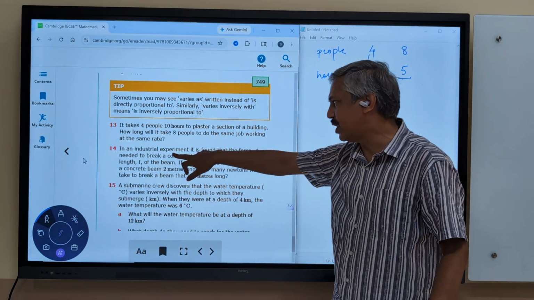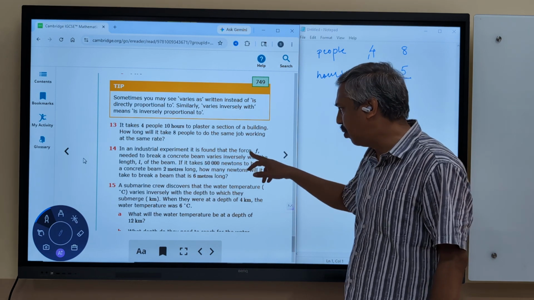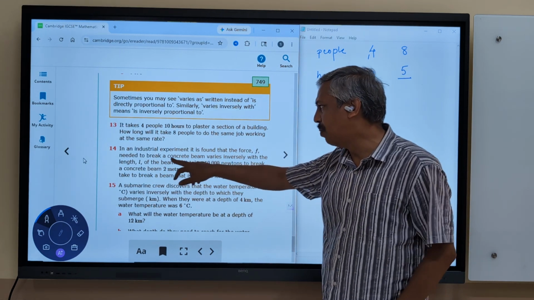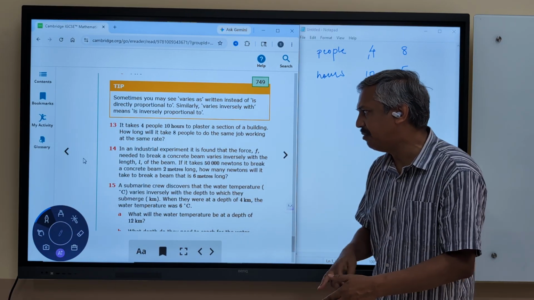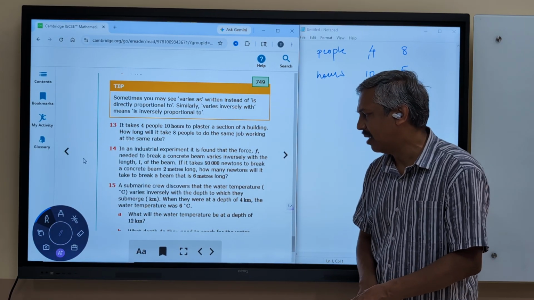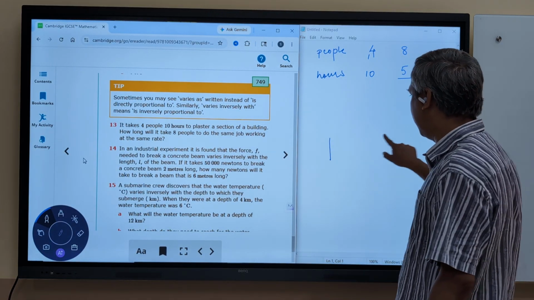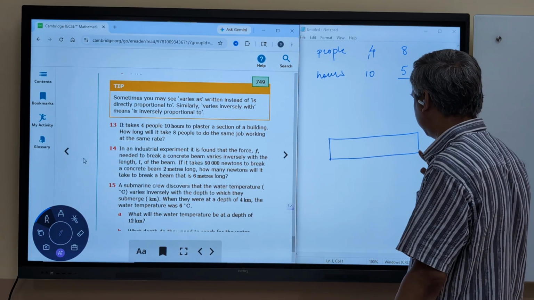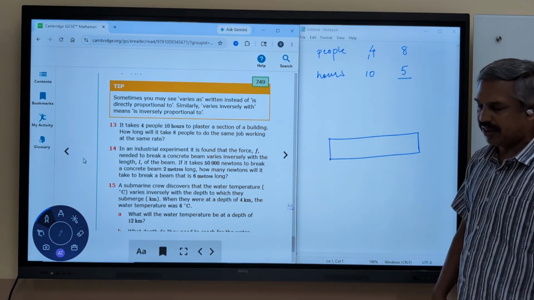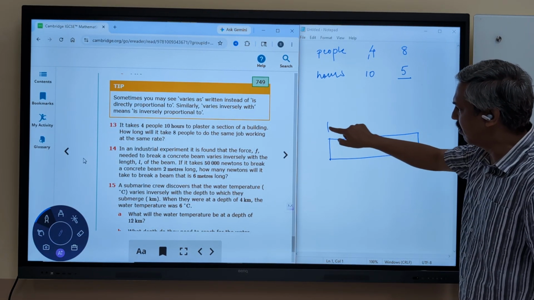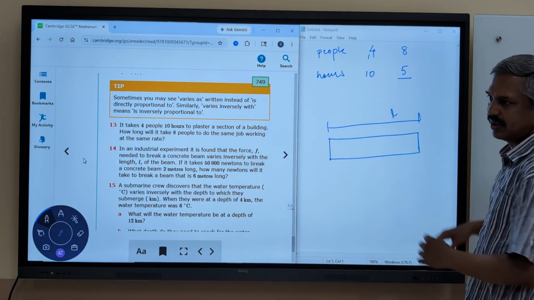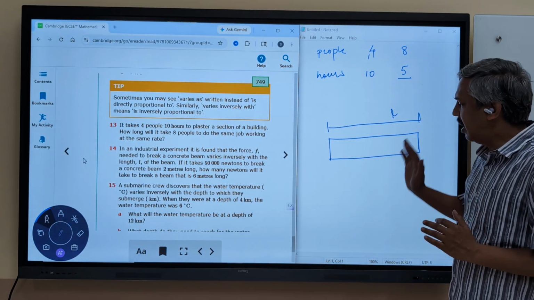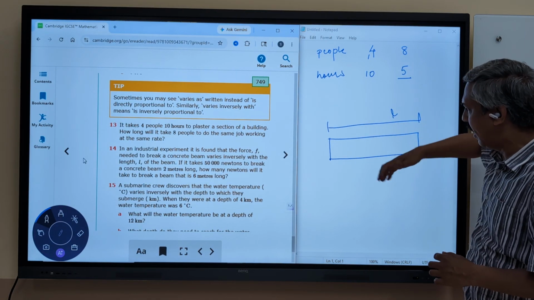In an industrial experiment, it is found that the force F needed to break a concrete beam varies inversely with the length L of the beam. The logic is, if you take the beam and this is the length of the beam, and the length increases, then the force required to break it decreases.